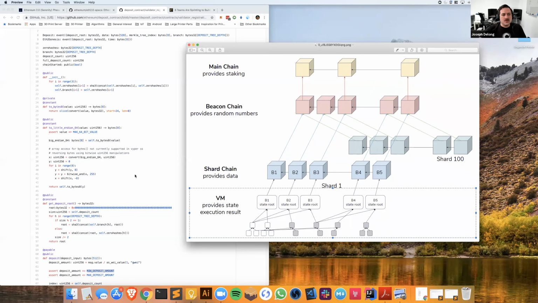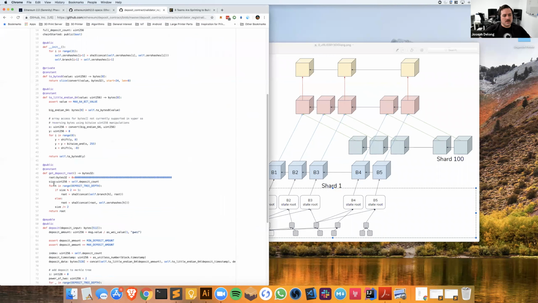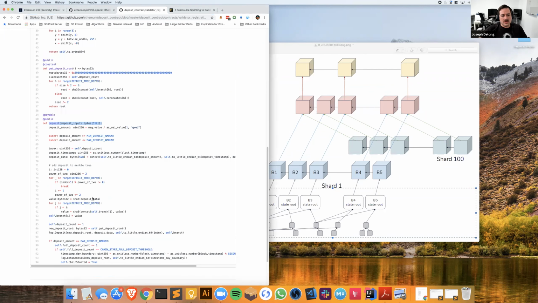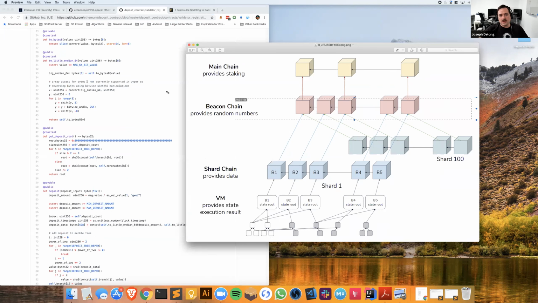But in the near term, it works like this. I make a deposit by calling this deposit function, providing my BLS signature and some extra values. It does some computation and fires off an event called deposit. The beacon chain, which is separated from the main chain, will pick up on those events and start adding validators.